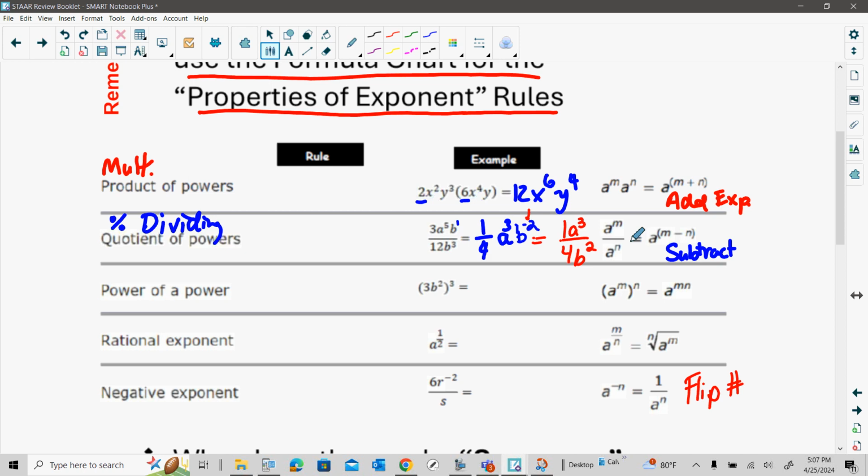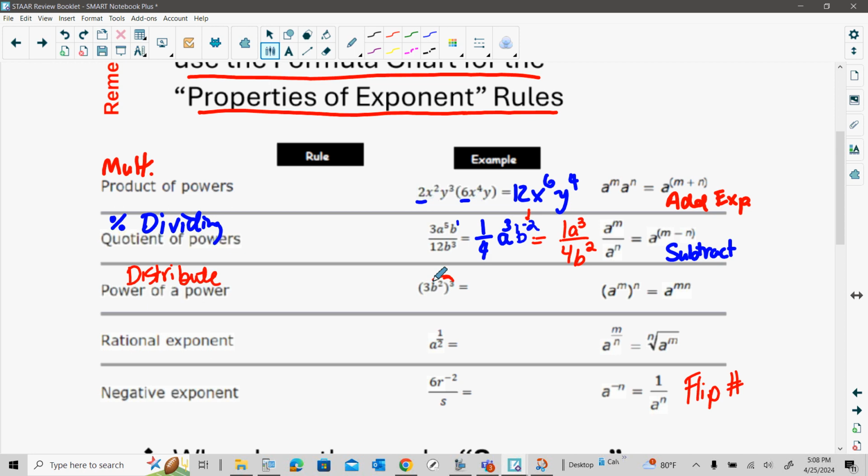Now, as for power of a power, our power rule, whenever we have power to power, we're going to have to distribute. So what's outside the parentheses gets distributed to everything inside.